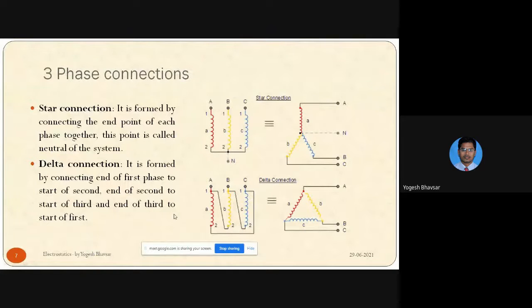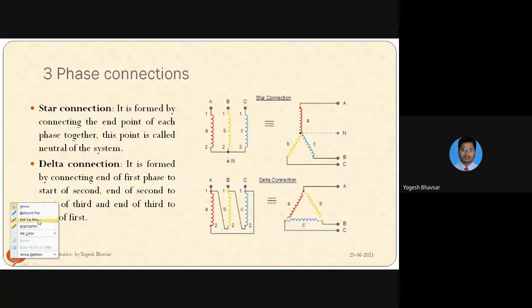So this is the delta connection, right? This looks like the Greek letter delta, hence it is called a delta connection. If you observe these two connections, the output conductors are only 3, or in star connection you may have a fourth conductor, which is the neutral. This is in addition to the three phases, so the fourth wire will be the neutral.